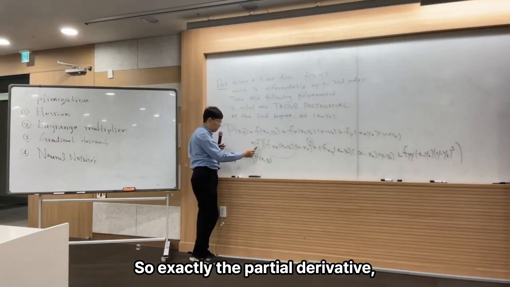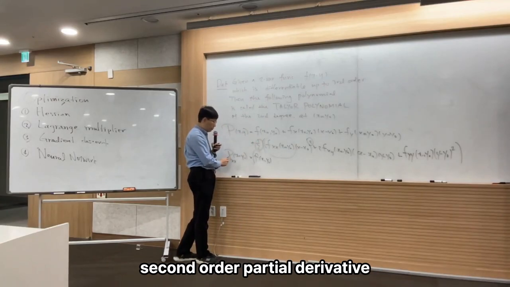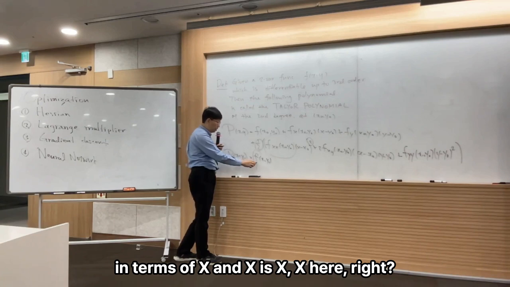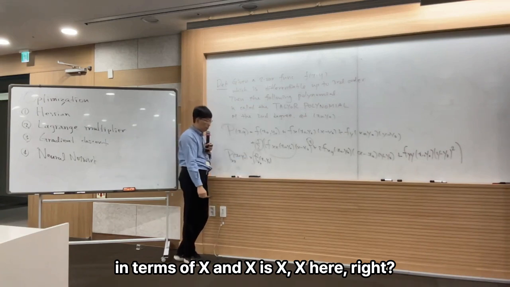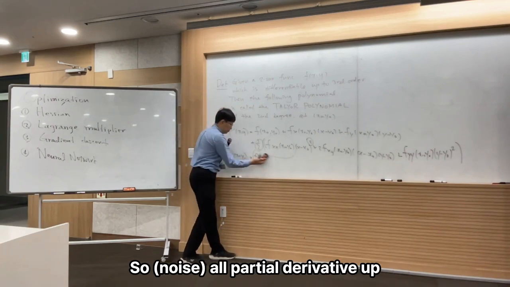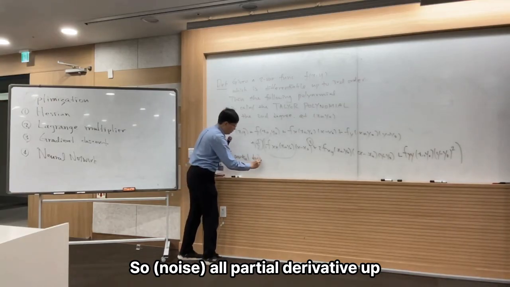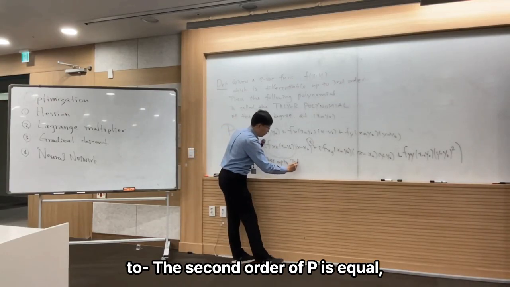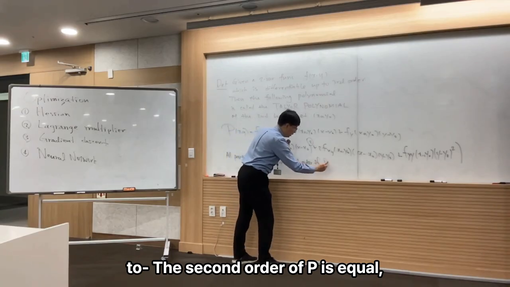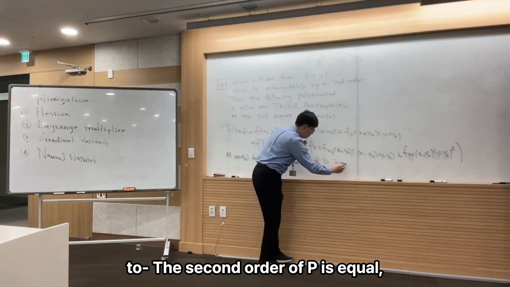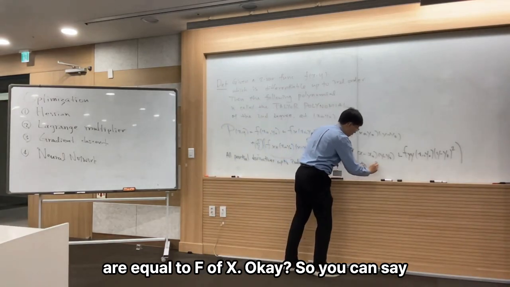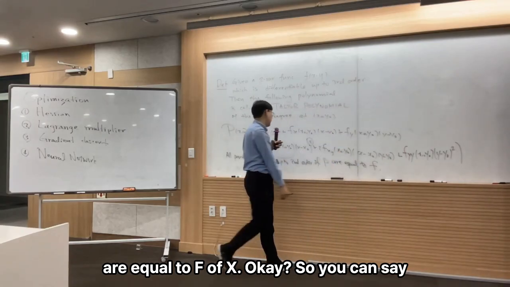So exactly the second order partial derivative in terms of x and x is f_xx here, right? So all partial derivatives up to second order of p are equal to those of f.